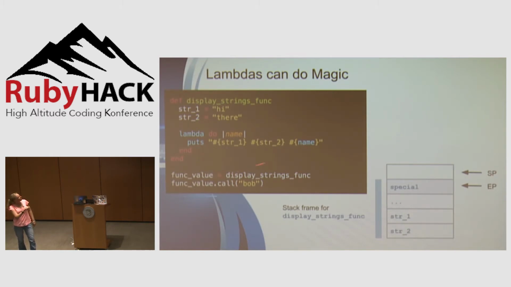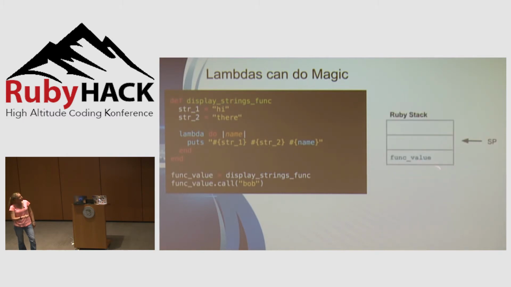Now, Ruby gets the line of code where the lambda needs to be created and returned. And so what happens now is that created lambda is assigned to the func value variable on the stack. But you notice when I did that, when this method exited, the entire stack frame for this method was wiped off the stack, along with all references to string 1 and string 2 local variables.